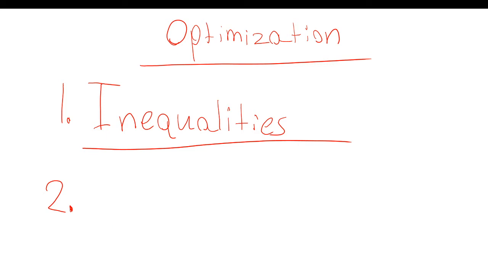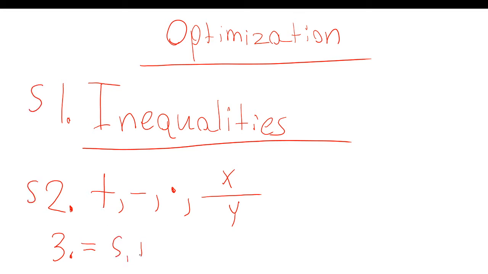If you're dealing with addition, subtraction, multiplication, or division, it really depends on what you're trying to do. And then the third step is just, I'm going to label these, S1 plus S2.